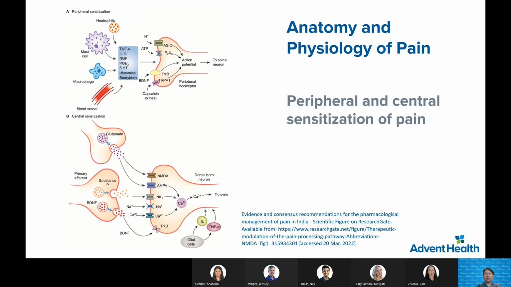Additionally, activation of AMPA and NMDA receptors by glutamate stimulates the microglia and subsequently induces the release of cyclooxygenase enzymes 1 and 2, which is found right here, nitric oxide, and pro-inflammatory mediators.